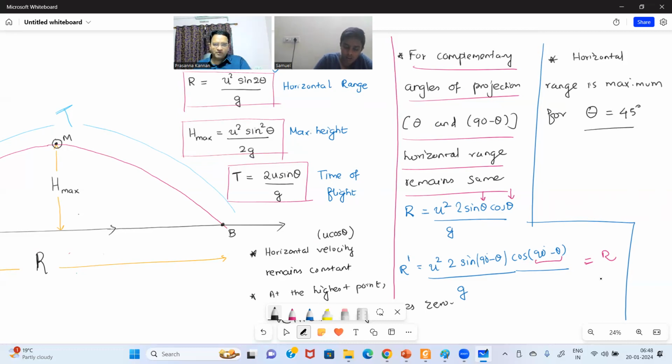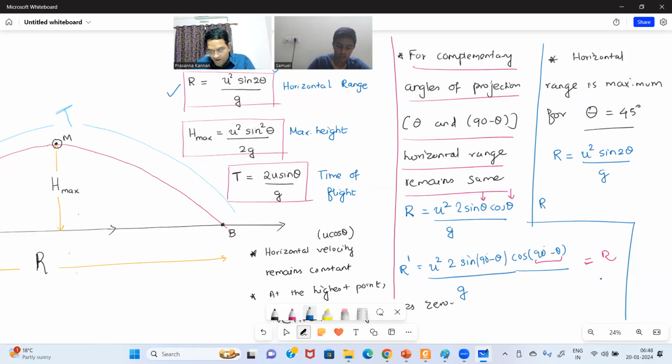When angle theta is 45 degrees, that's when R is maximum. Again, coming from trigonometry. What is the expression for R? U square sin 2 theta by g.